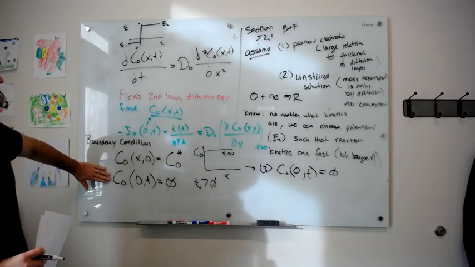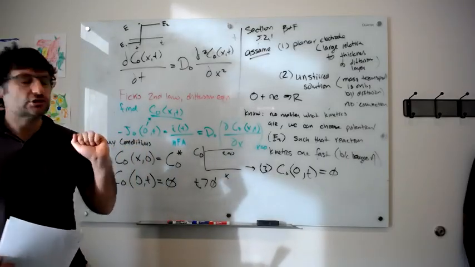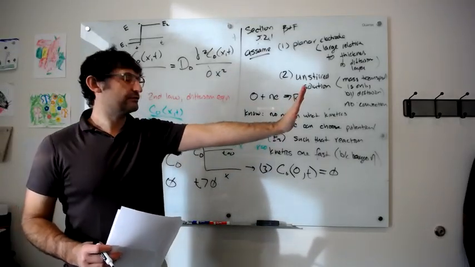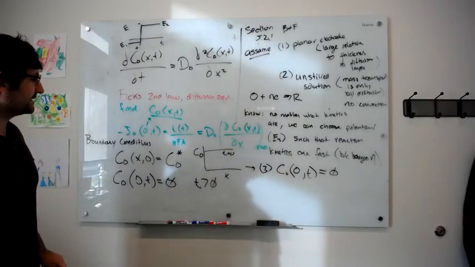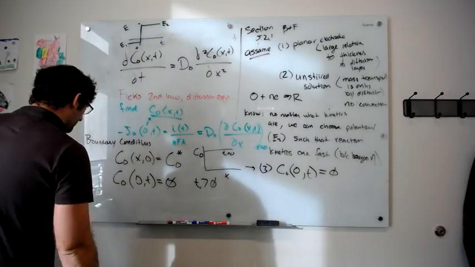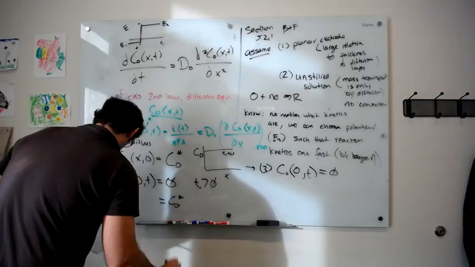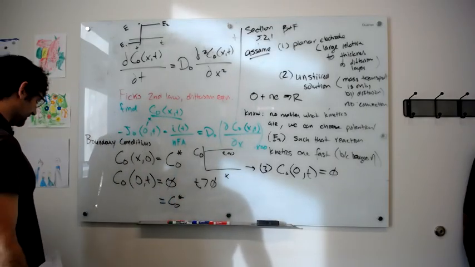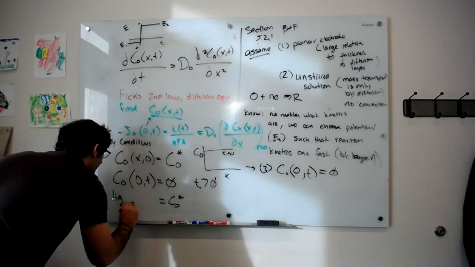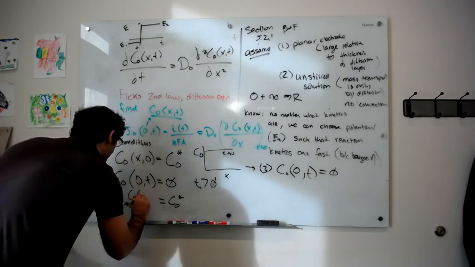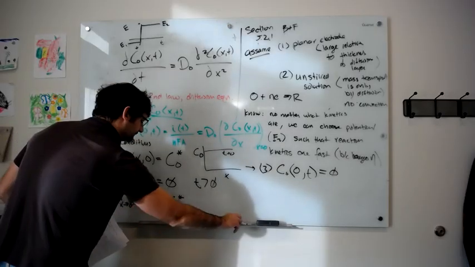Okay, and I need one more boundary condition, and I need to think about what happens at the electrode surface, and then what happens very far away from the electrode surface. So if I'm sufficiently far away, say infinitely far away from the electrode surface, we call that a semi-infinite boundary condition. We say that the concentration is C_O star very far from the electrode surface, and how I do that mathematically is I say the limit as x goes to infinity of C_O(x,t) is simply C_O star.